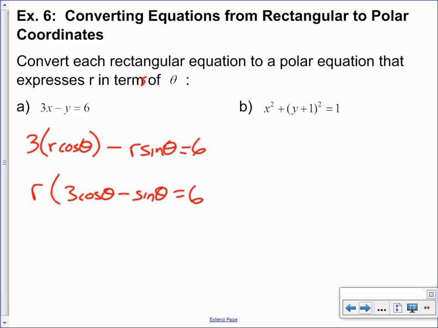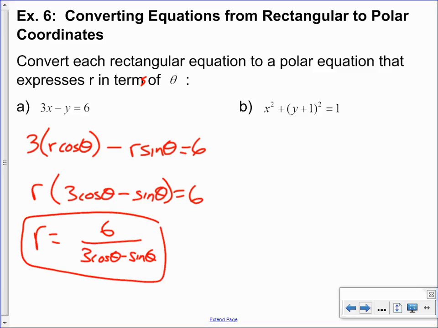So r is equal to, right? Yeah. That's good. Good. All right.